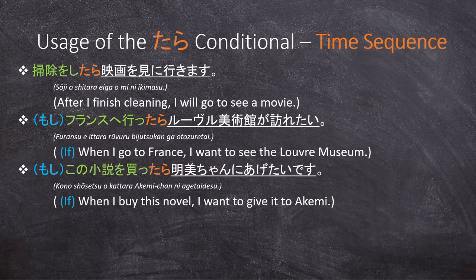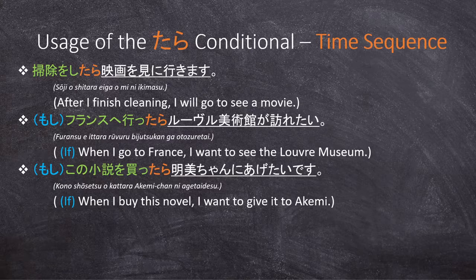And also you can add Moshi here if you want to make it sound as an if sentence, if you want to use Tara as a conditional. However, if you are not using Moshi here to, let's say, introduce this sentence, to highlight it as a conditional sentence, just be aware that the listener can interpret this as when, after, or if.